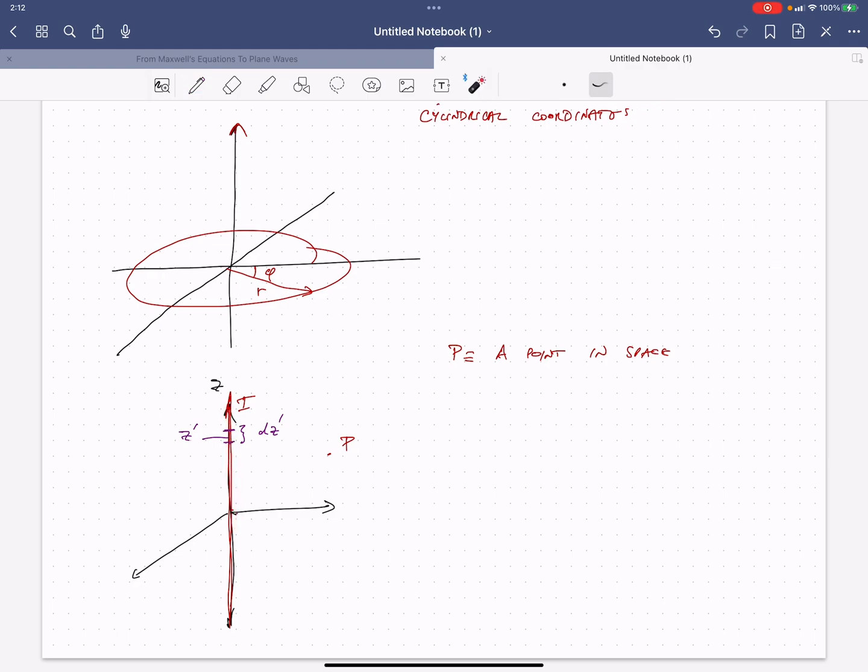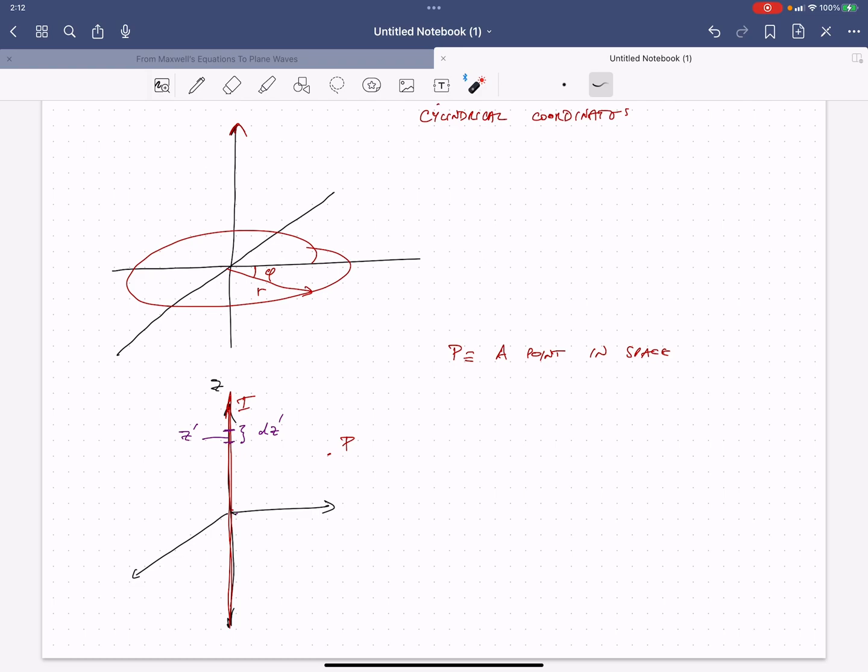The idea is we take a random section of the line and a random point P, and ask what the magnetic field is. Then we integrate over the whole line, and then look at all possible points P.